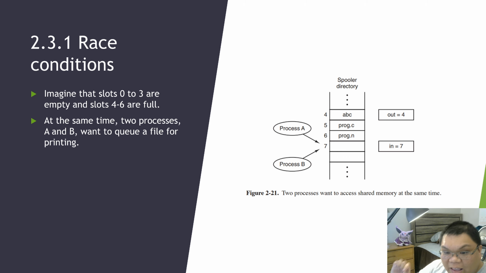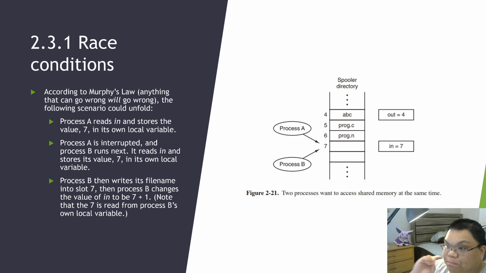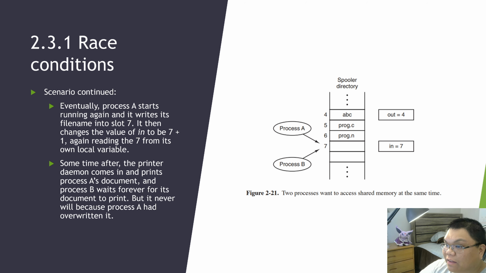And right as process A is about to write its file into that slot, process B runs next, reads the value of in, and says, oh, I'm going to write my file into slot number 7. Then process B is done, and process A runs after that.